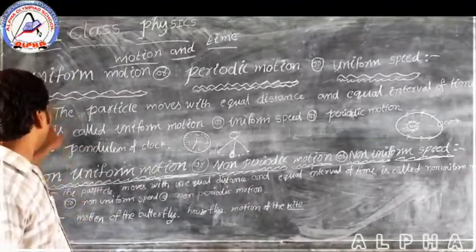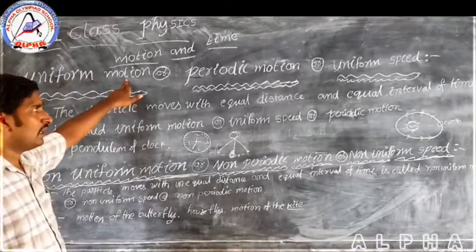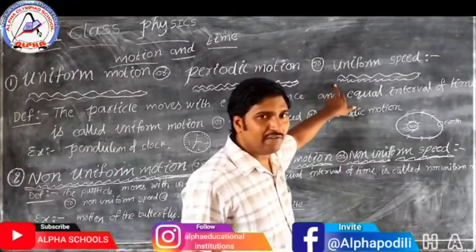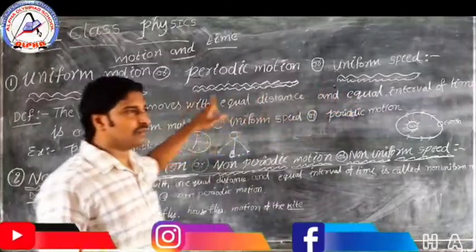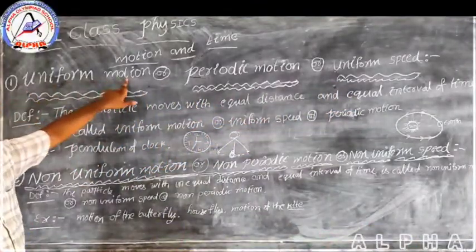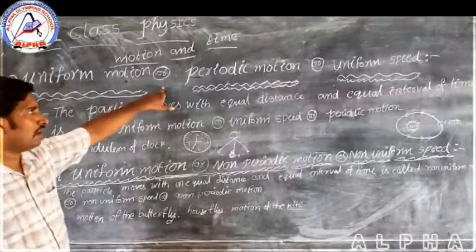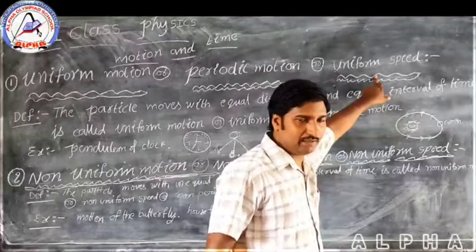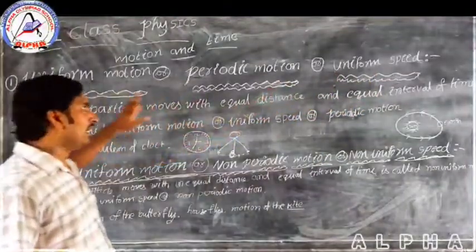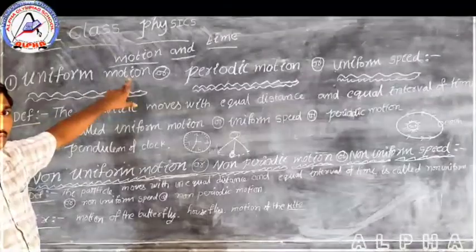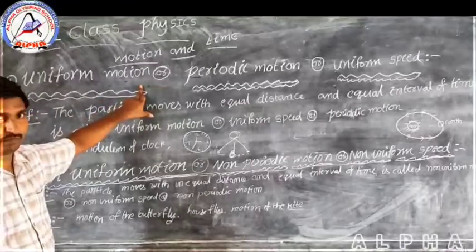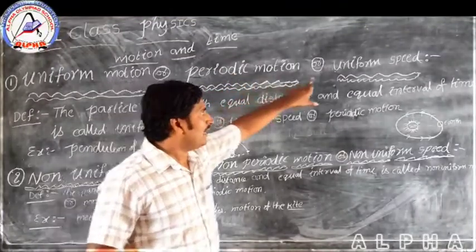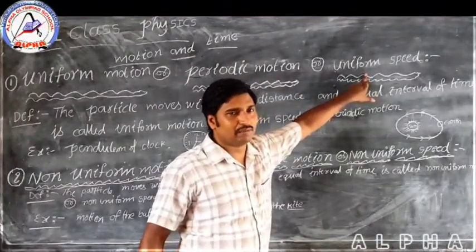Listen, children: uniform motion, or periodic motion, or uniform speed. Here the motion is uniform, the motion is periodic, the speed is uniform.